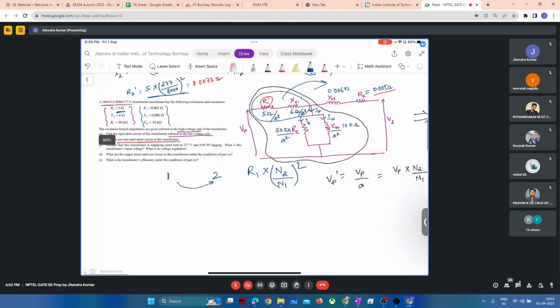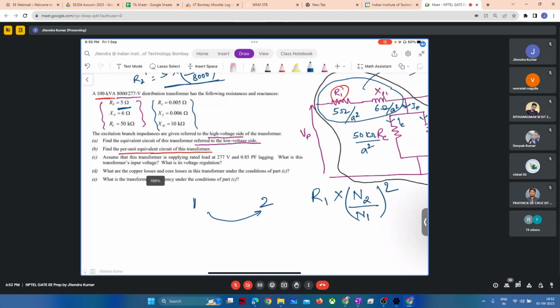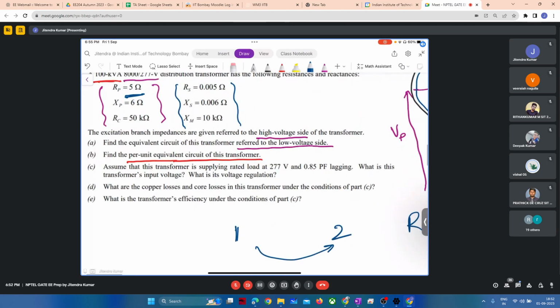Okay, if not, then let us move to part D. Here we need to find out the copper losses and core losses in the transformer under the conditions of part C, meaning the condition of full load.